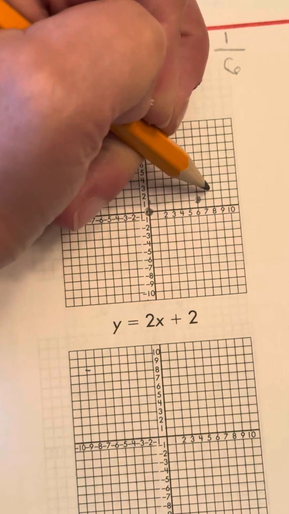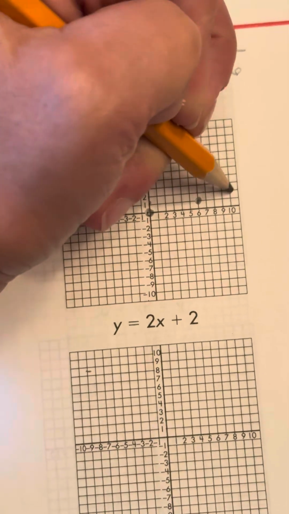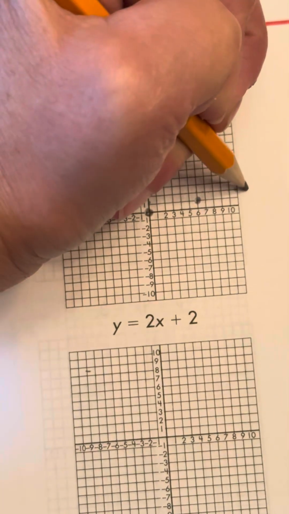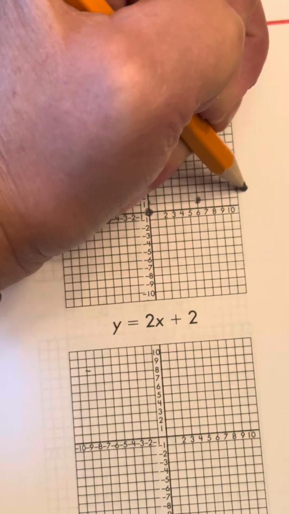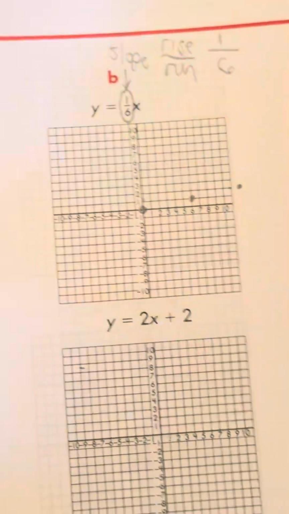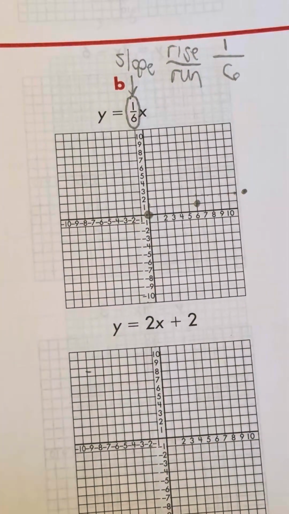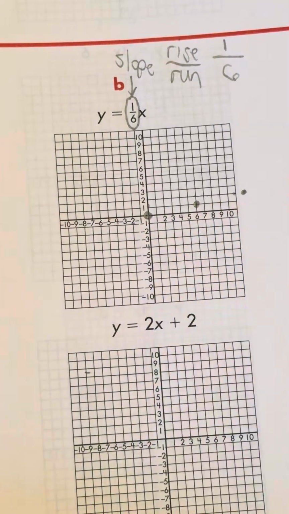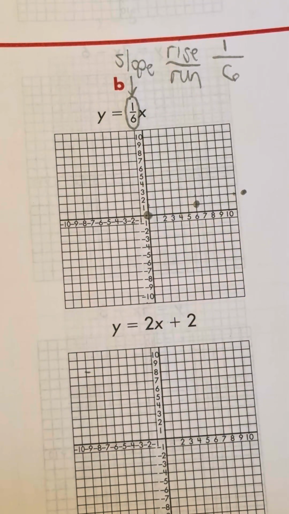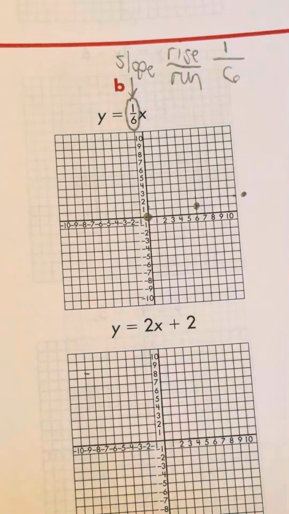Up 1, 1, 2, 3, 4, 5. We're off the graph, but I'm just going to put a dot right here where 6 would be. As you can see, it's off the graph, but you can see that was a straight line there. Now, the bigger the number is, the steeper the slope. This is a smaller number, so the slope is not very high. It's only increasing ever so slowly.